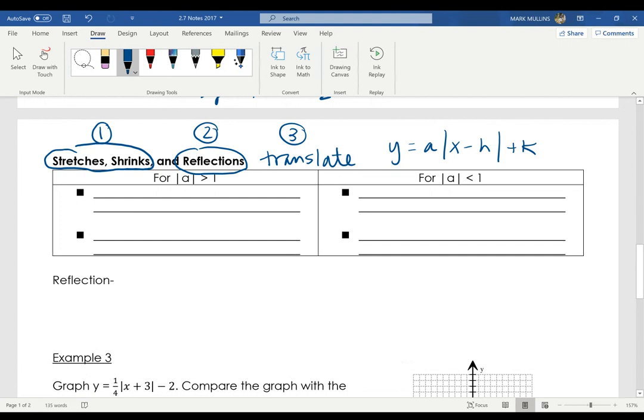So that means if the number I'm multiplying by is like 1.5 or 5 or 7, I don't care if it's negative or not, the negative is going to flip it upside down. But what I am looking at here is something that's bigger than 1. So examples of this could be 2 or 5/4, or it could even be a negative number, like -3, because when I take the absolute value of that, it's +3. I'm still stretching it. So this is going to be vertically stretched.